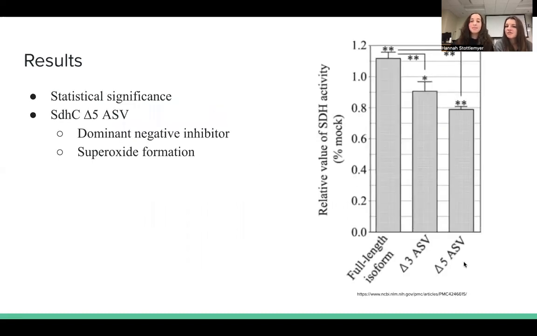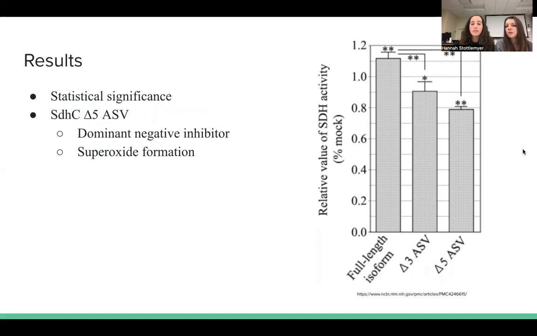The graph on the right-hand side of the slide is displaying the relative value of SDH activity. So essentially, the amount of SDH activity versus each of the 3 different amino acid sequences: the full-length isoform, delta 3 ASV, as well as delta 5 ASV.